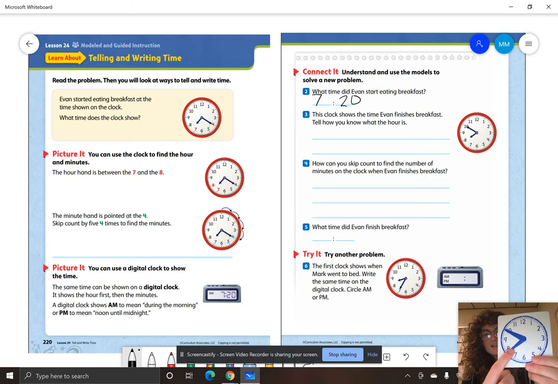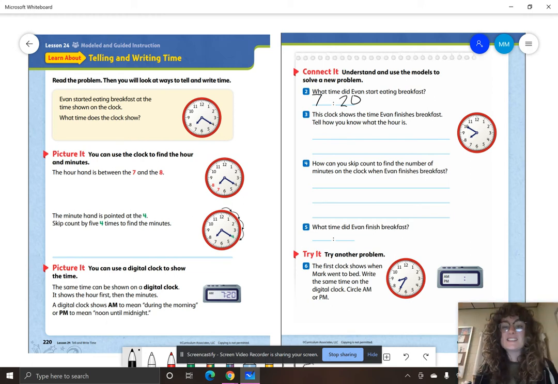Has the hour hand gone past the 8 yet? No. Is it touching the 8 yet? No. So what hour is it still? It is still 7. So tell how you know what the hour is. How do we know? What do we know about the hour clock? The hour hand. It hasn't gone past the 8.